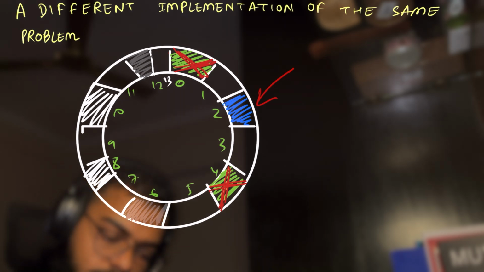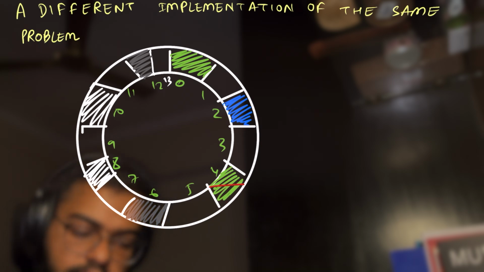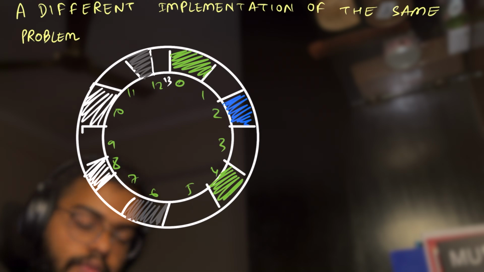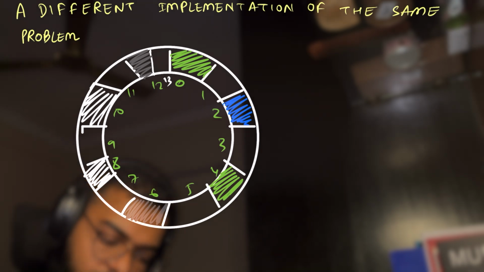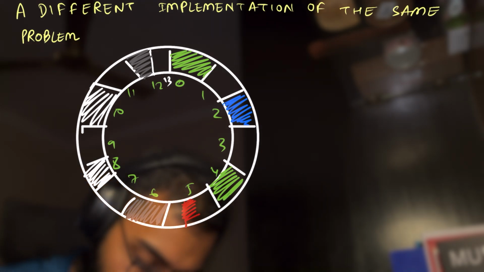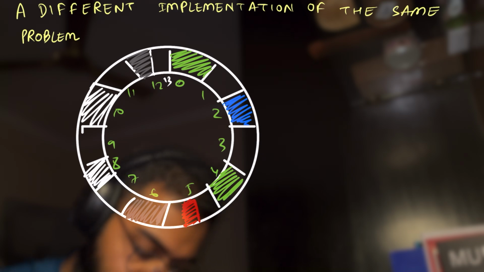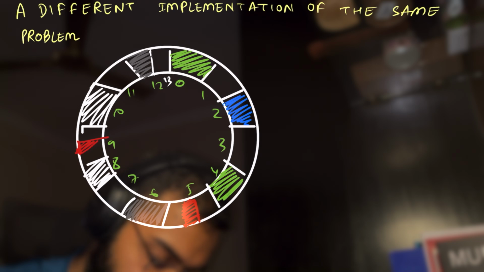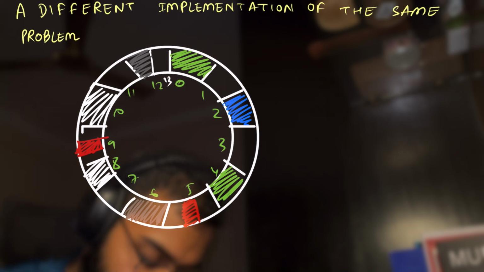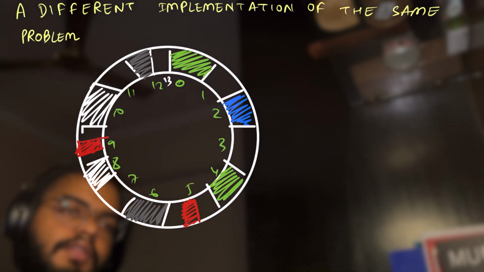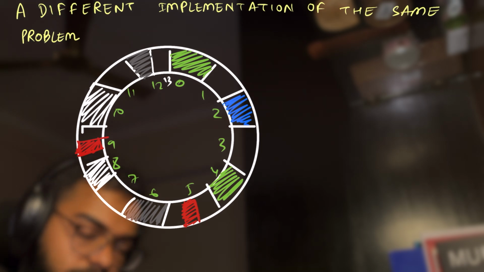Now let's say we have all our servers intact and the load increases suddenly. What do we do? We need to add two more servers. Let's say we have our server over here, one instance, and another instance over here. Initially, due to addition of one server, just a single server got relieved.